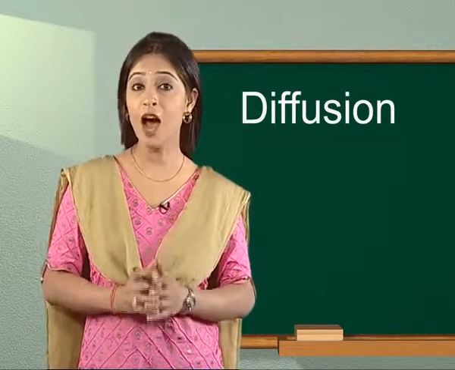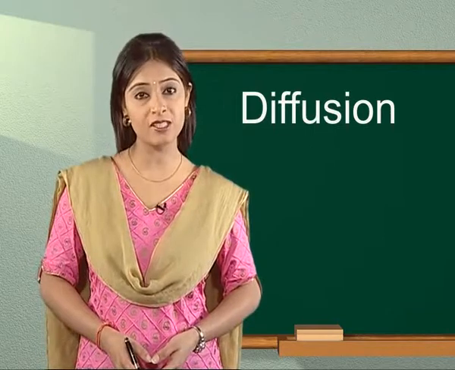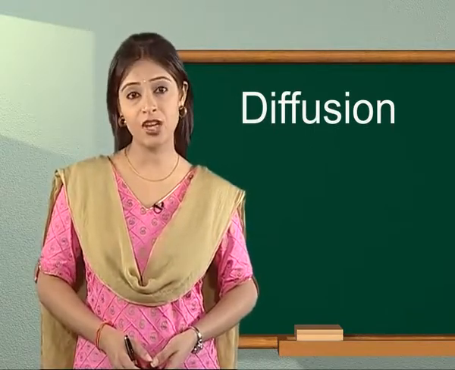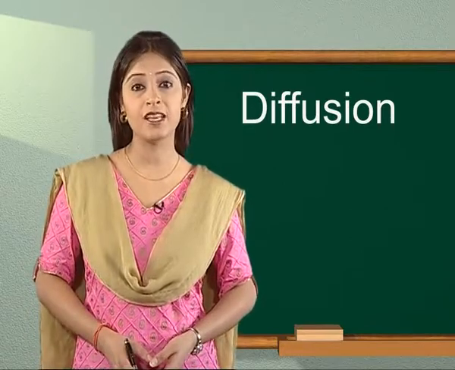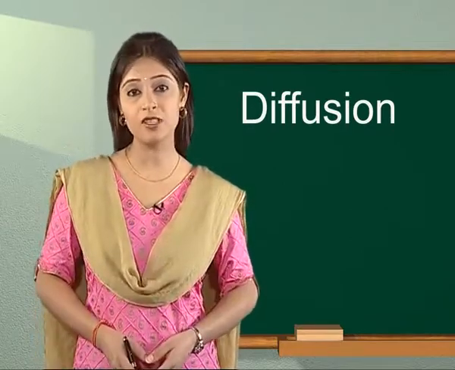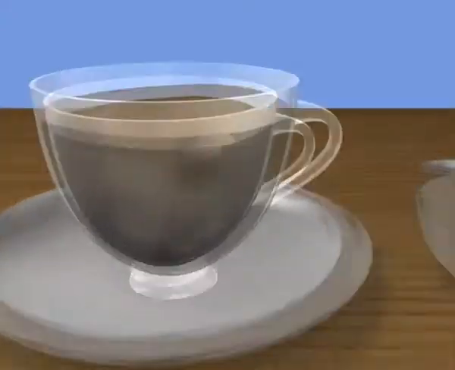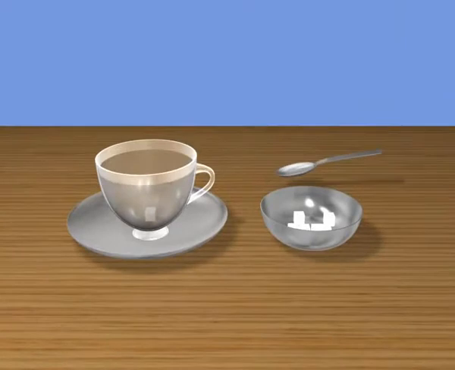Students, now I hope you are clear about the process of diffusion. If not, let us take some general day-to-day examples so that you can understand this process more clearly. Familiar examples of diffusion include dissolving sugar in tea. Sugar will diffuse in the tea until the entire cup of tea is sweet.